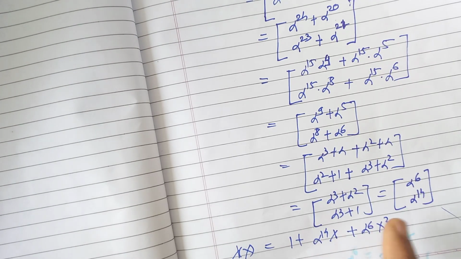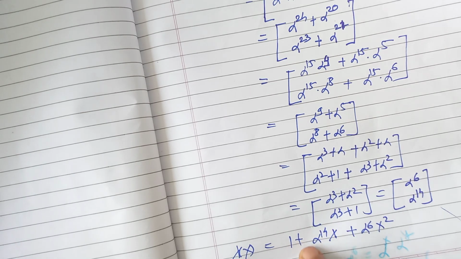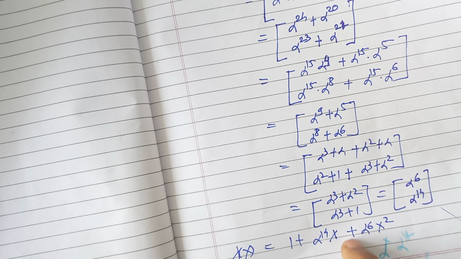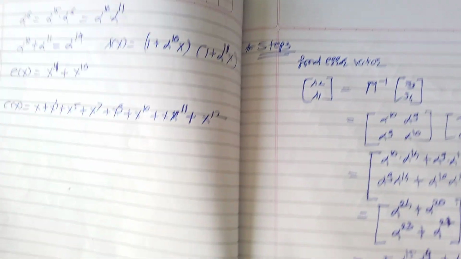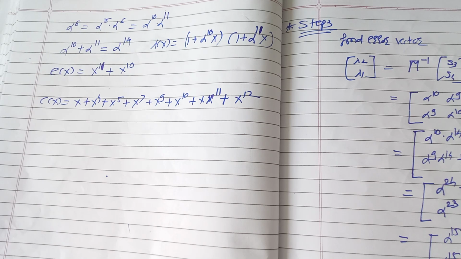You have to see the table, and accordingly find the addition. Alpha 14's addition you have to find, and accordingly express alpha 6 as a multiplication of two terms. So this is it for this video. We will see problem number 3 in BCH decoding in the next video.